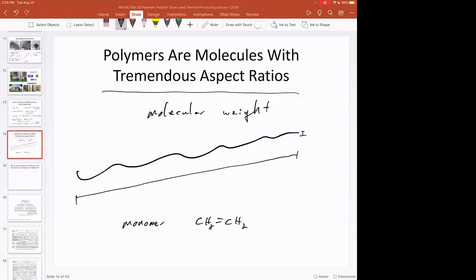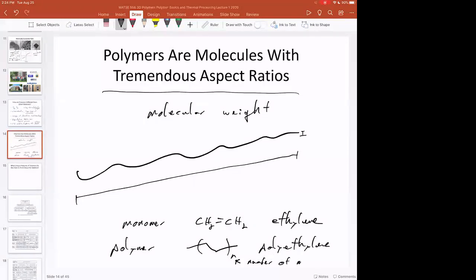It's just 2 carbons big and a carbon and a hydrogen wide, so it's just a couple of angstroms in each direction. This is ethylene, and the polymer that we make from this is called polyethylene. You want to get comfortable with this type of nomenclature so you know where the carbons and hydrogens are. But this N here is the number of monomers.